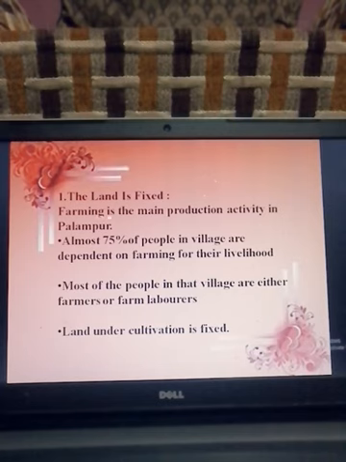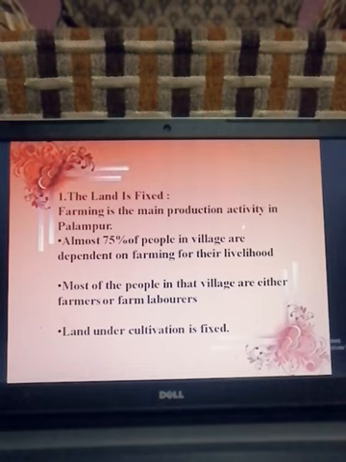Farming is the main production activity done in Palampur. Most of the people are dependent on farming, and almost 75% of people in the village depend on farming for their livelihood. So, as I told, it is the main production.